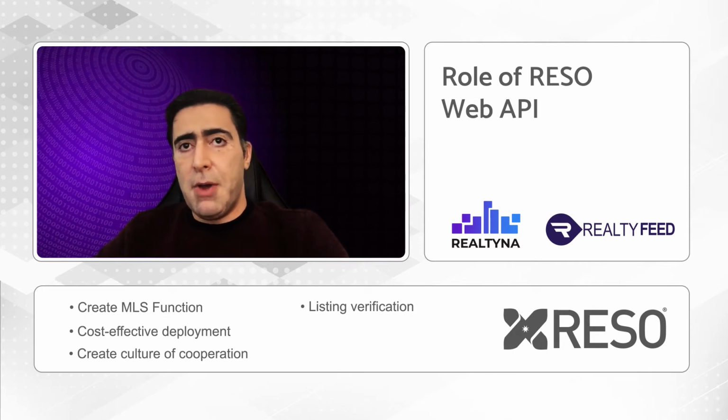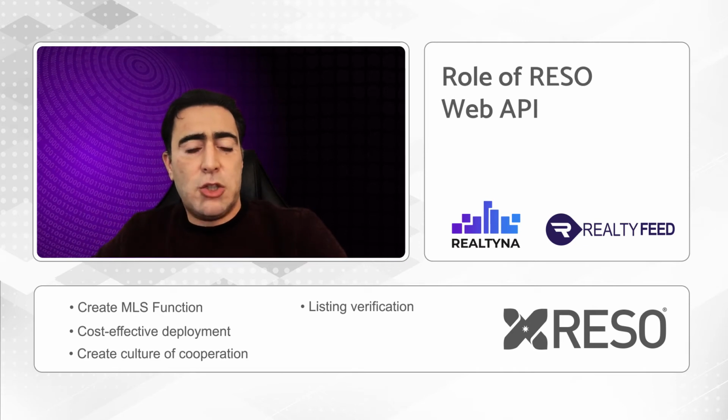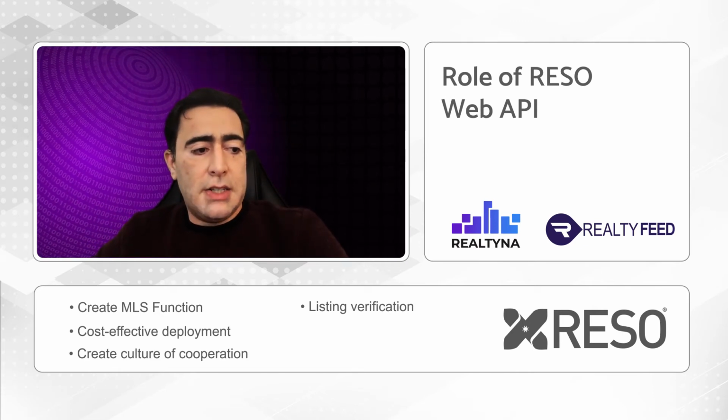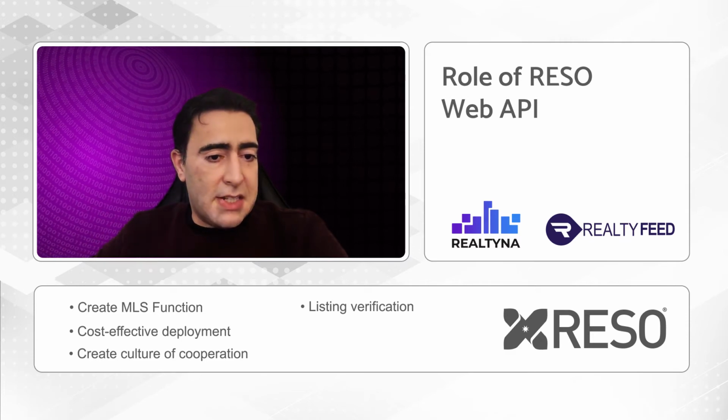In RESO Web API, you can send a query in a certain format to make sure a listing and listing ID is valid. And that's exactly what we implemented in the Realtyna platform, which we are going to discuss in the case study.